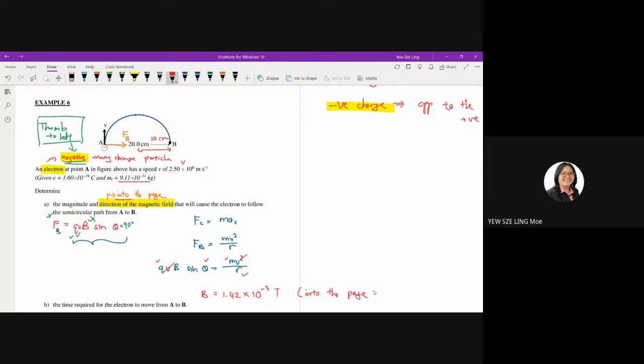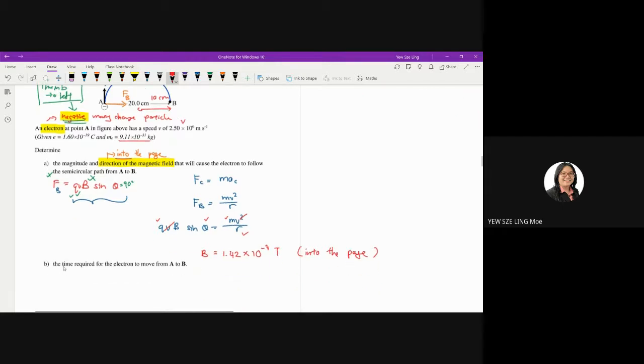So that is how you solve it. This object is moving in a circular motion. Therefore, FB is equal to FC, the force that causes my object to move in a circular path.